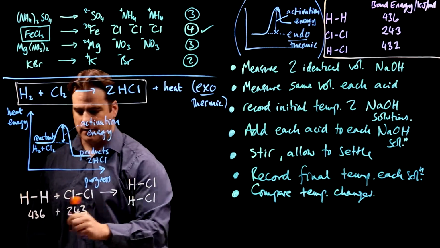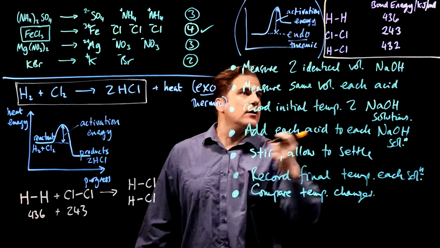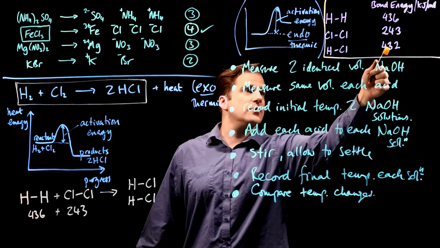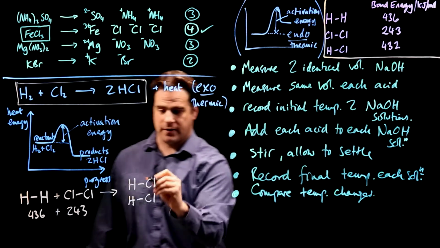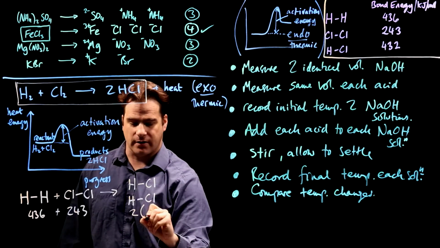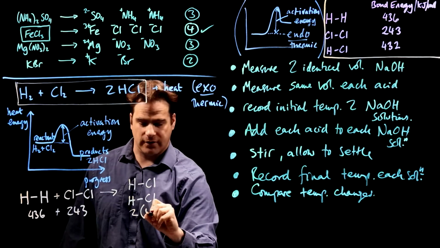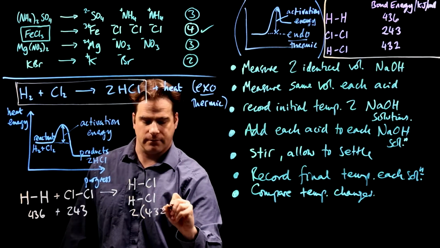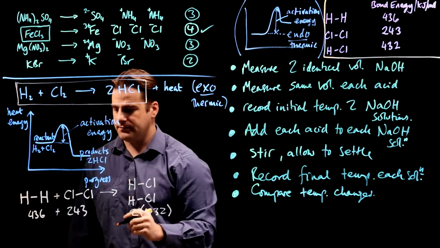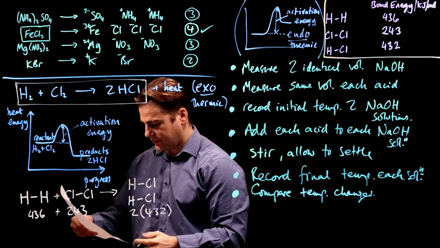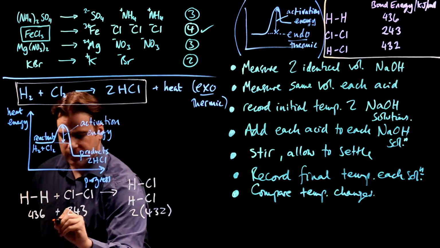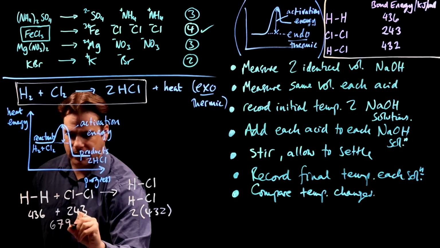Okay, I'm going to add them up. And on this side, in the products, we've got 432, but there's two of them, so it's 2 times 432. Okay, the 436 plus 243 is 679 on that side.